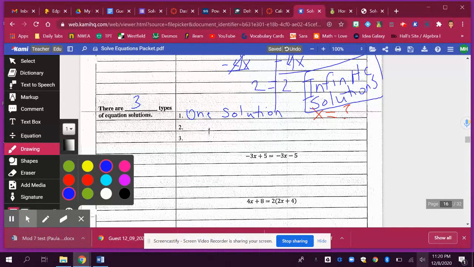We have no solution, and no solution would be like, for example, 3 equals 5. 3 doesn't equal 5. So when you solve it and you get to this point, if the left side doesn't equal the right side, that's no solution. We also have infinite solutions.